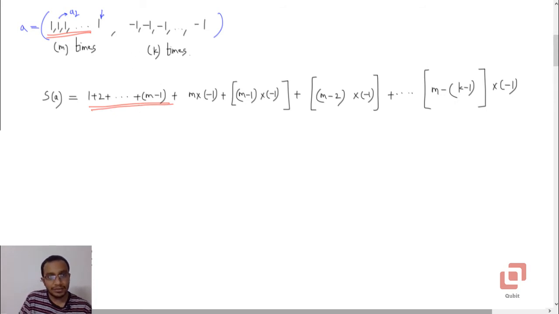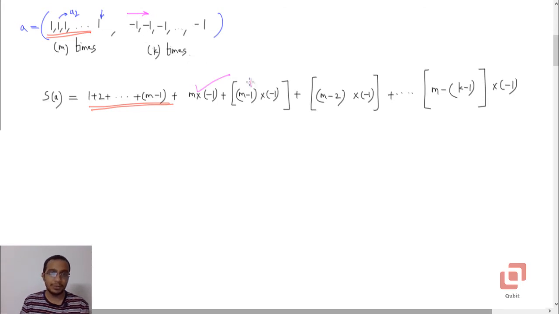Now let us go to this part. We have minus 1 and we are supposed to multiply this minus 1 by the addition of the previous elements, which are m in number, so m into minus 1. Now if you go to the next one, which is minus 1, if you add all the previous terms, then it will be m minus 1.